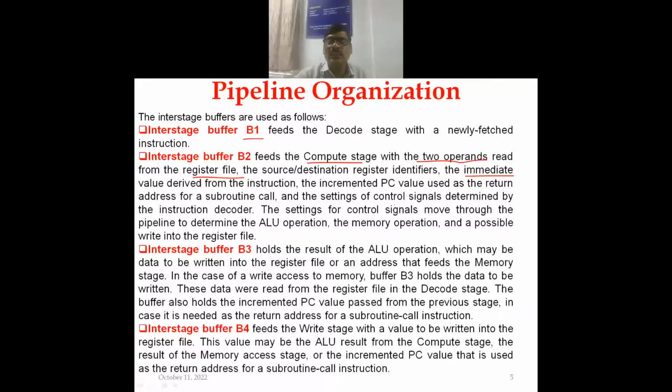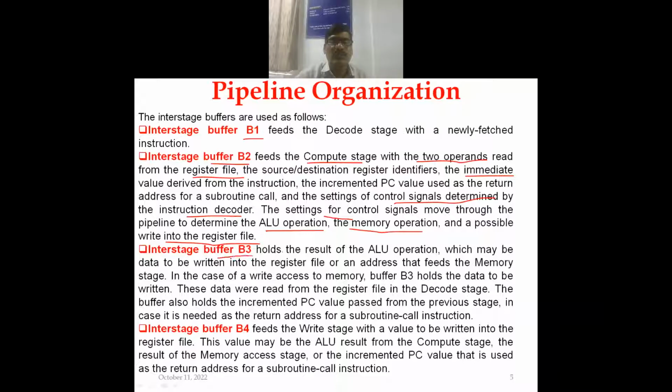The control signals are determined by the instruction decoder. These control signal settings move through the pipeline to determine the ALU operation to be done, the memory operations required, and possibly a write operation to store the result in the register file. All these are stored by making use of interstage buffer B2.